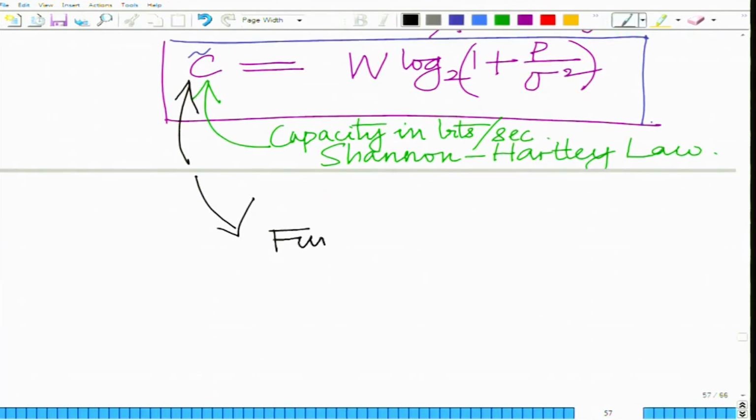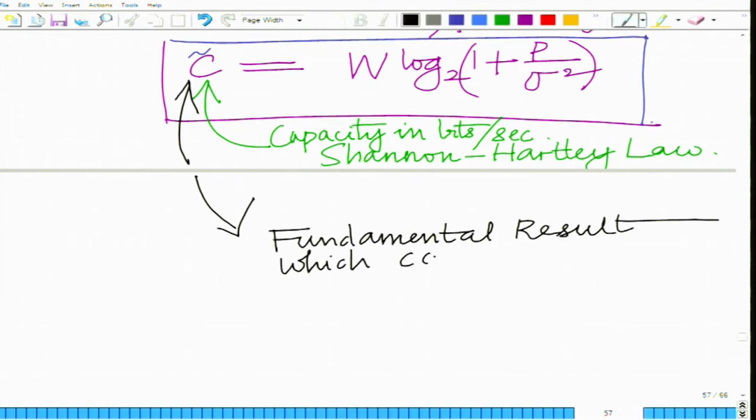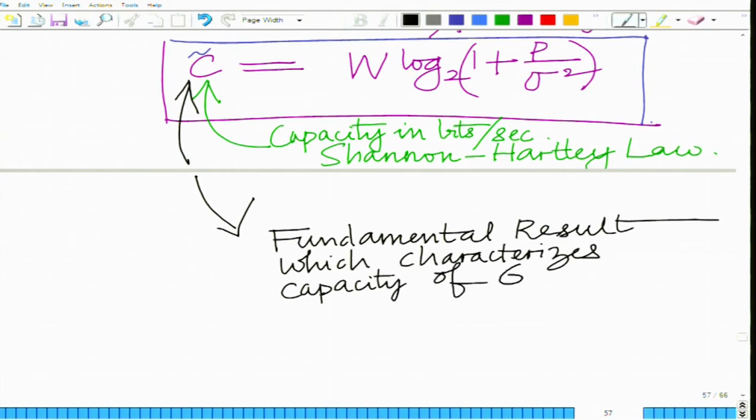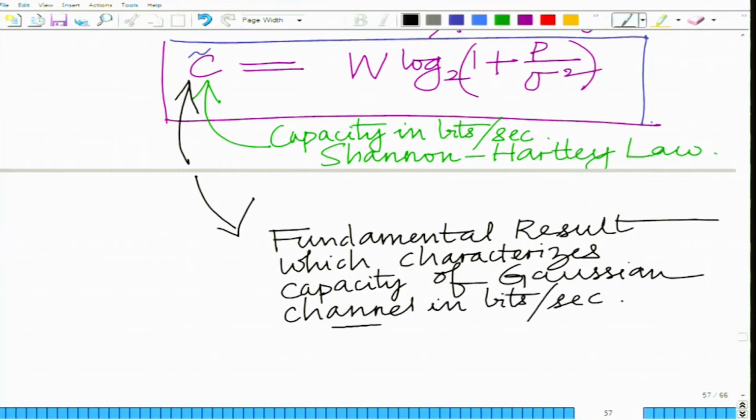So, this is a fundamental result which characterizes the capacity of the Gaussian channel in bits per second.